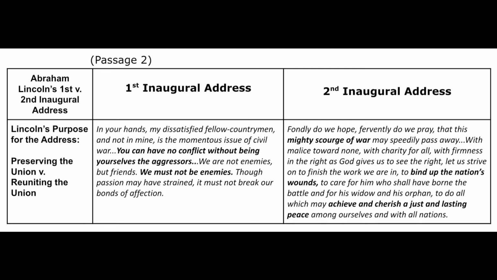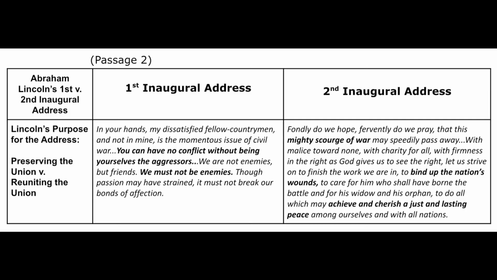And in his second inaugural address, his tone once again is slightly different. He states, "Fondly do we hope, fervently do we pray, that this mighty scourge of war may speedily pass away.